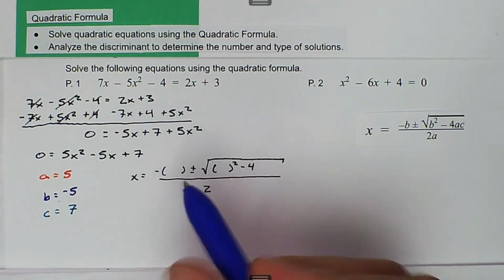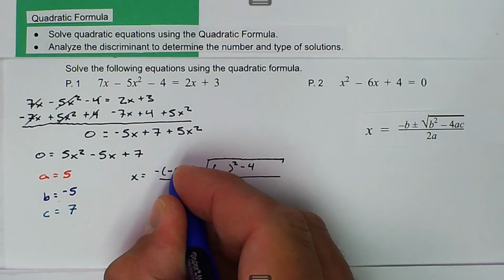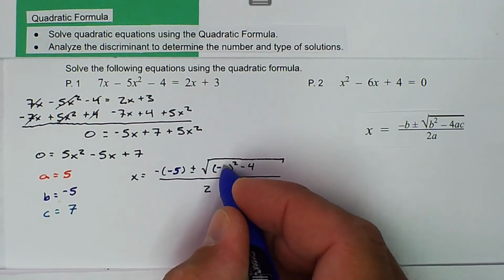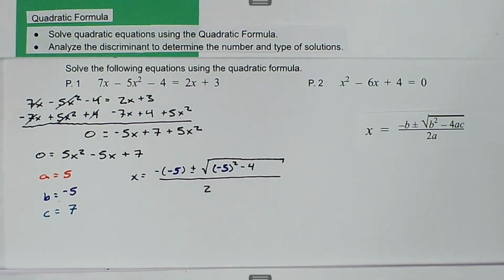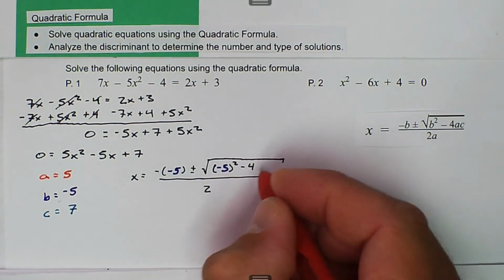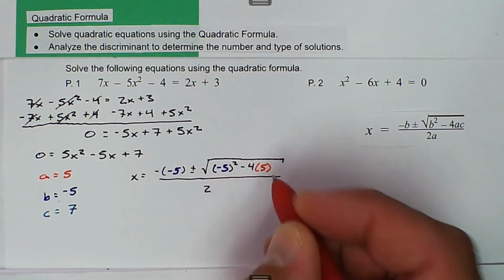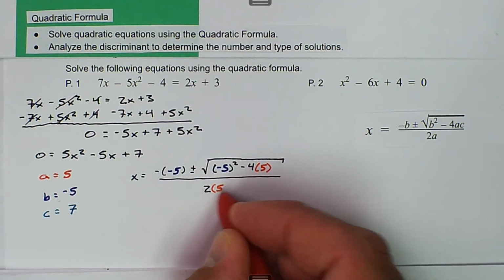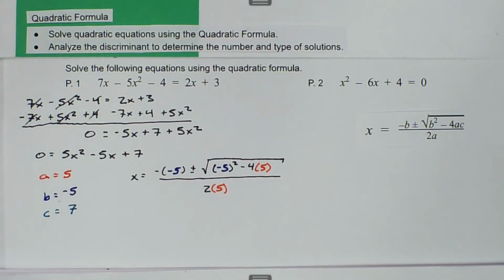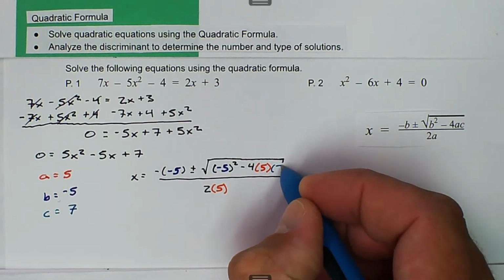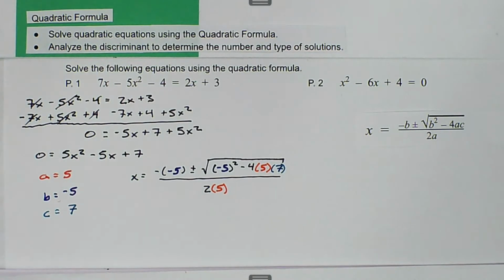So in this case, our b value is negative 5, so negative 5 gets substituted in twice. Our a value is 5, so 5 gets substituted in twice. And our c value is 7, and that just gets substituted in once.